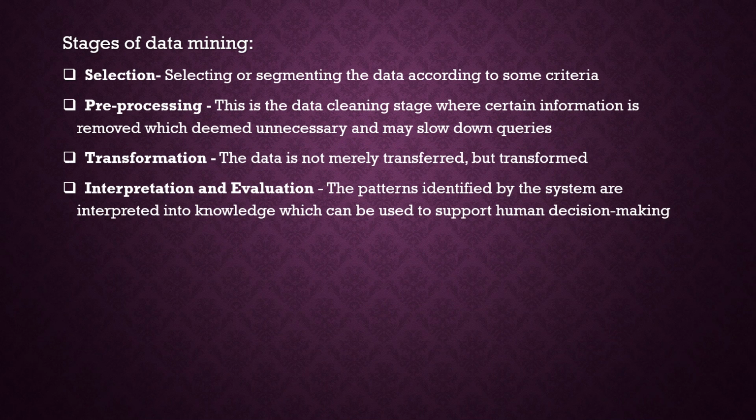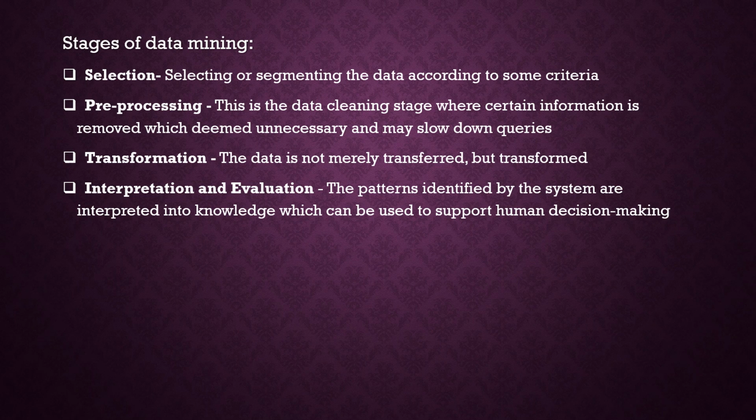Next, pre-processing. This is the data cleaning stage where certain information is removed which is deemed unnecessary and may slow down queries. So unnecessary data can be removed from that particular information.